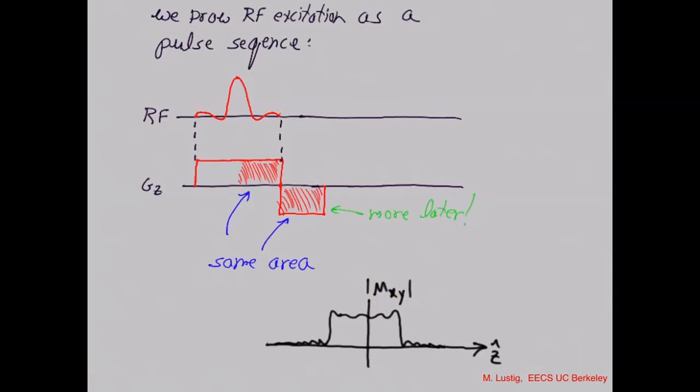Now, if I apply an RF pulse, it could be that everything is in the MX direction, but it could be there are some components in the MY direction too. But when I look at the magnitude, it will look like this. Actually, the magnitude would look like this no matter what. What would happen when I add this thing is that it would move all the magnetization to be in MX or MY, but not both.